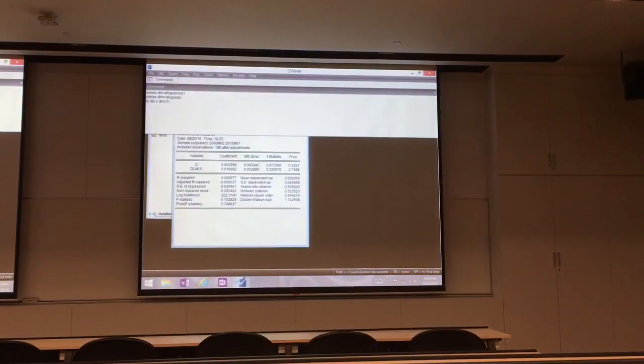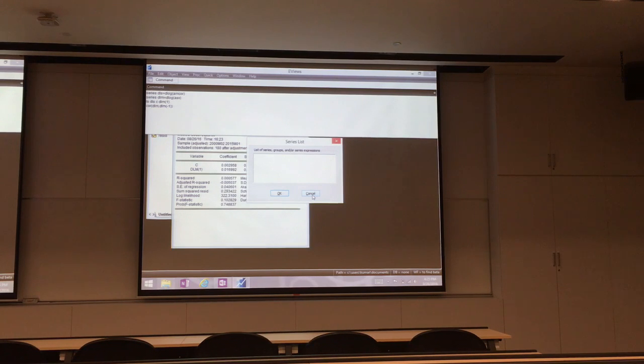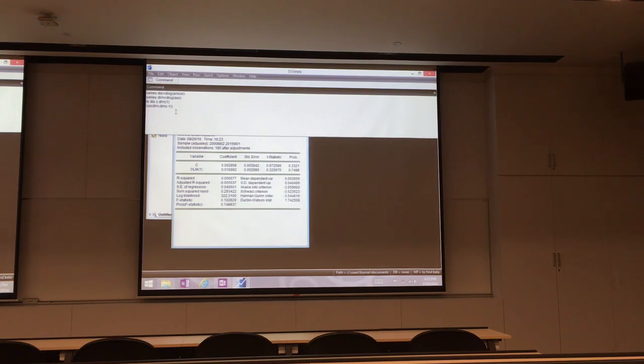I'll try whether COR of DLN(-1) is going to work. No, it doesn't work. If you find a syntax for finding correlation, let me know; otherwise let's create a series.